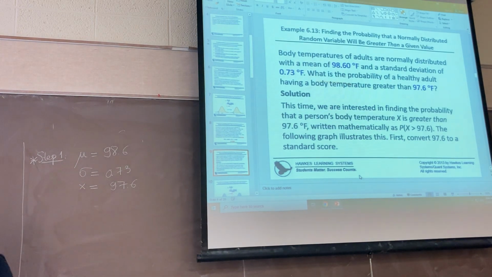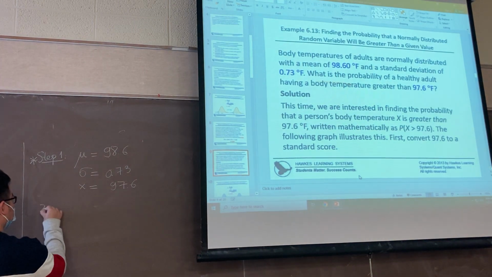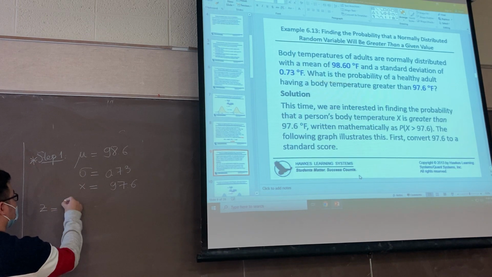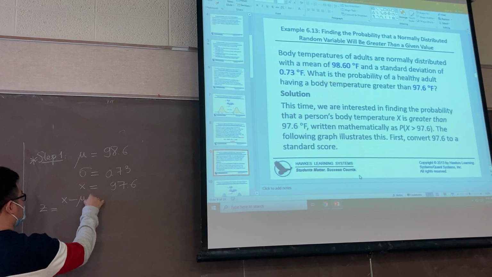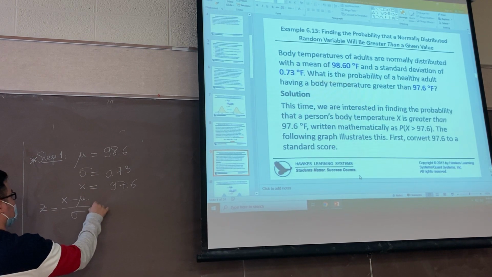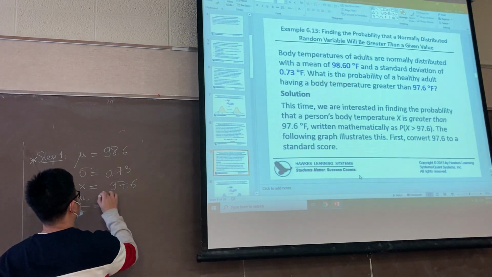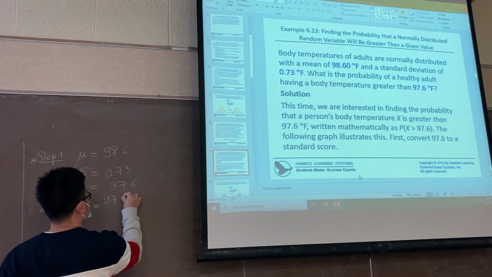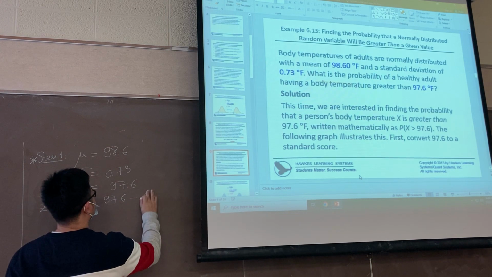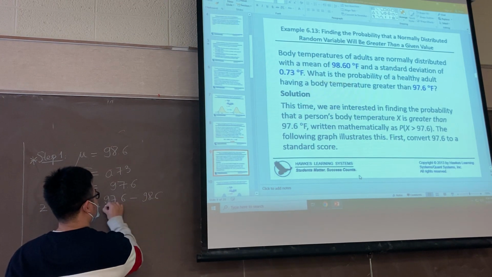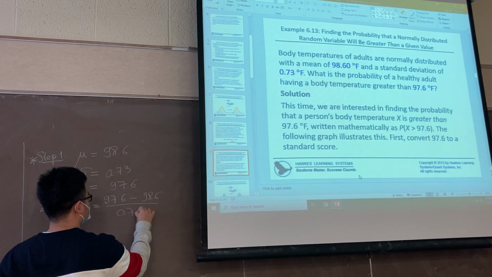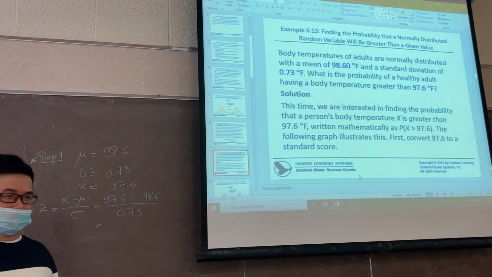I will change the x value to the z value. It's z equals x minus mu over sigma. Now we put x here, minus mu, over sigma.